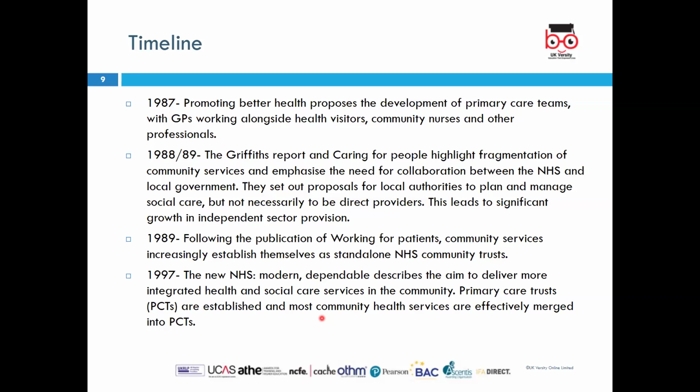1989, following the publication of Working for Patients, community services increasingly established themselves as standalone NHS community trusts. 1997, you had The New NHS: Modern, Dependable, which describes the aim to deliver more integrated health and social care services in the community. Primary care trusts are established, and most community health services are effectively merged into primary care trusts.